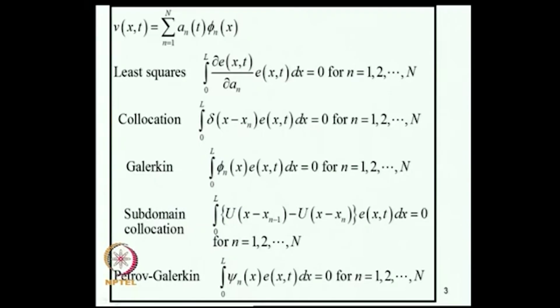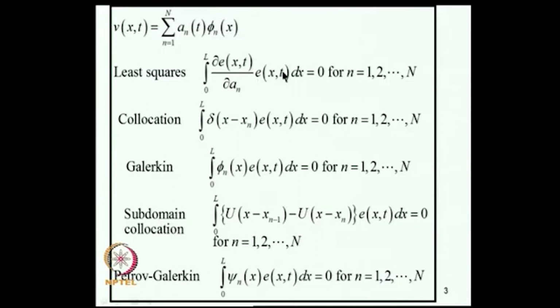We discussed several criteria for minimization of the residue, some measure of residue. We discussed the method of least squares, collocation method, Galerkin method, subdomain collocation method, Petrov-Galerkin method, etc. In all these methods, the format of implementing the method of weighted residuals shares certain common features.